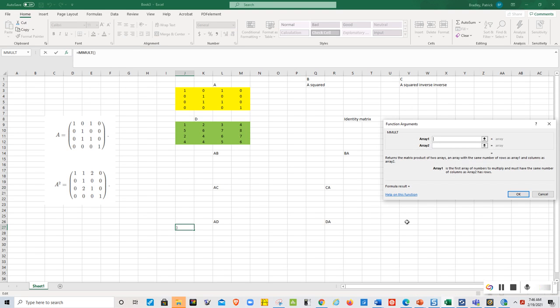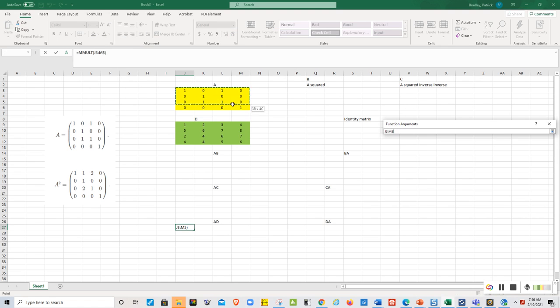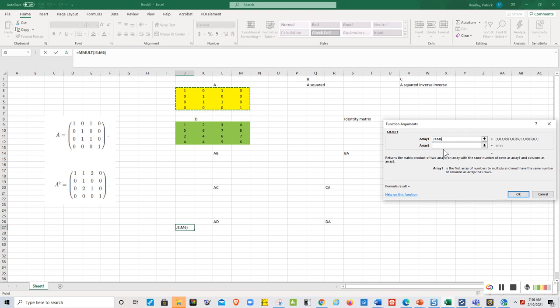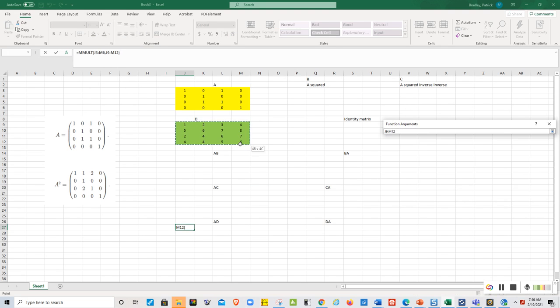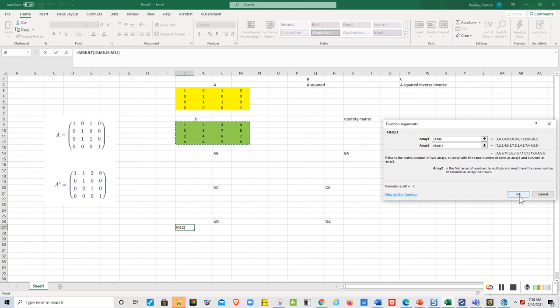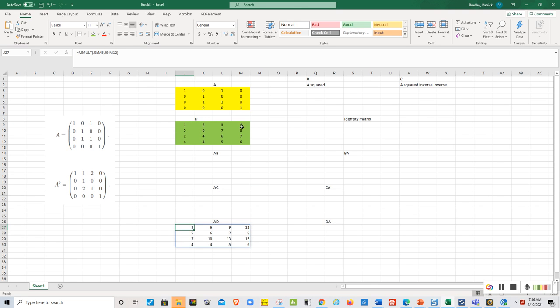Here I'm taking A times D, so array 1 is going to be A, and array 2 is going to be D. So I will put the green in there, and then I will say OK, and you see if I multiply a 4x4 times a 4x4, I get this, and this is the matrix A times D.